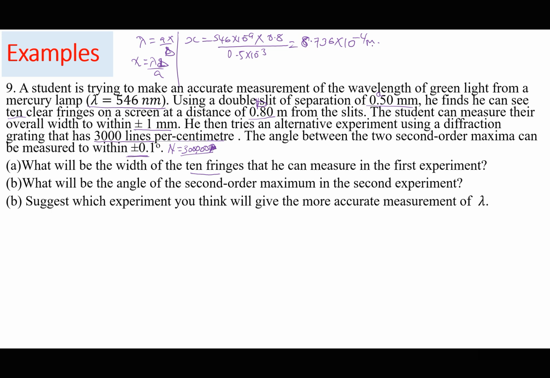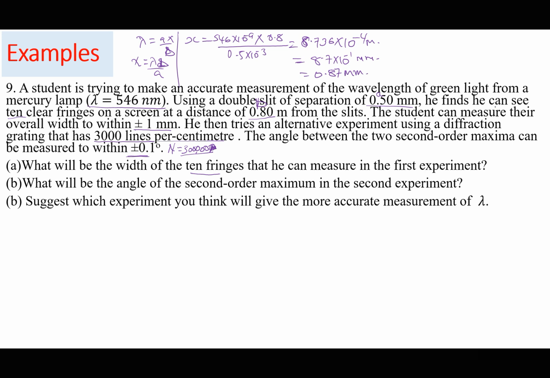So this one in millimeters, I'm going to multiply it by 1,000. This is approximately 8.7 times 10 to the power of negative 1 millimeters, or approximately 0.87 millimeters. That is x. That is the distance between two bright fringes.